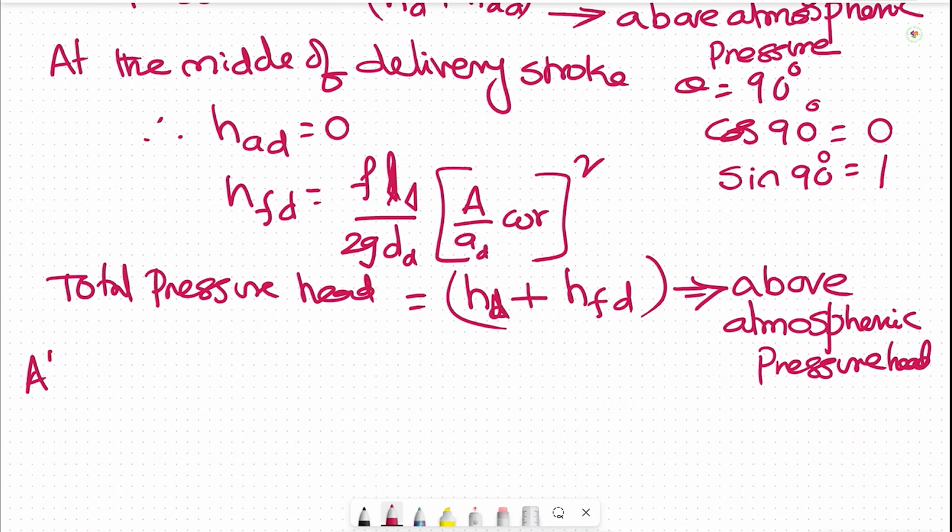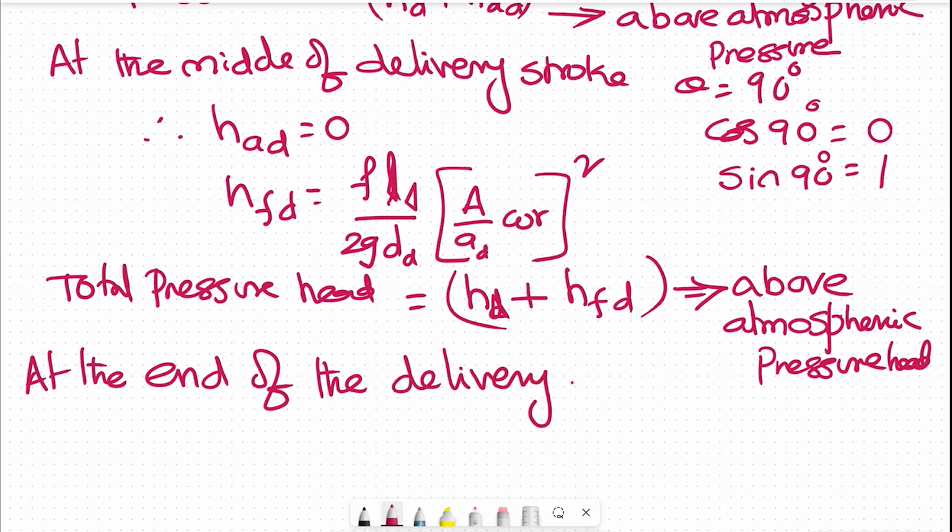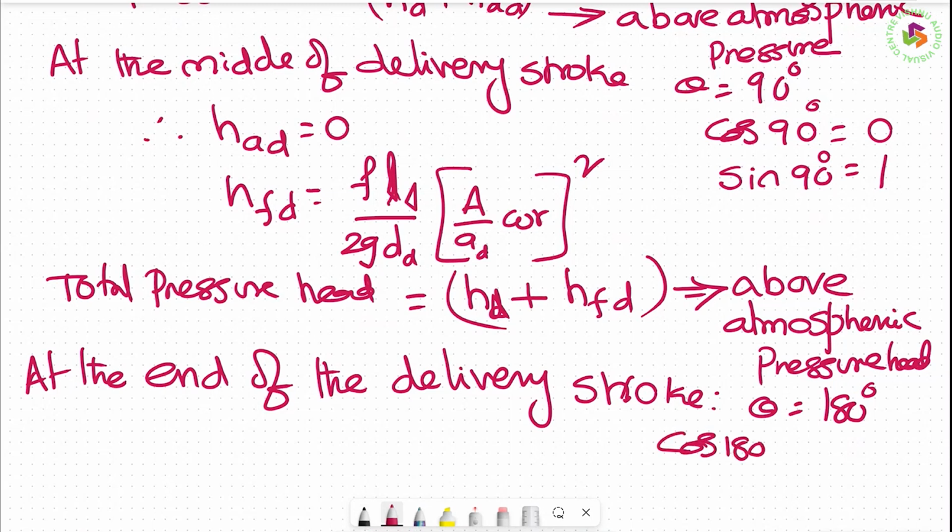Then at the end of the delivery stroke, theta is equal to 180 degrees. Cos 180 degrees is equal to minus 1. Sin 180 degrees is equal to 0.